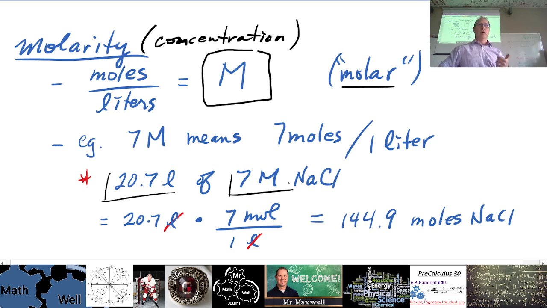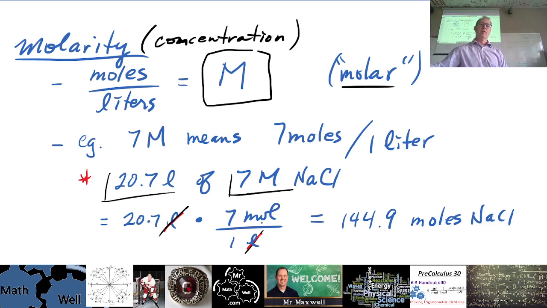If we have 7 moles in 1 liter, we have 7 times 20.7 moles in 20.7 liters. Again, unit analysis tells you when to multiply or divide. Here we multiply to get rid of the liter unit and we're left with moles. So molarity, concentration, is moles per liter.